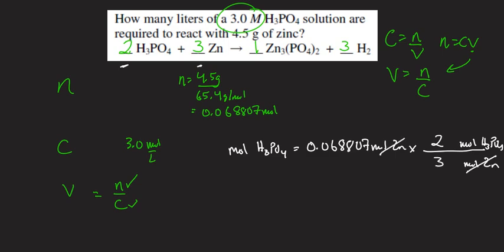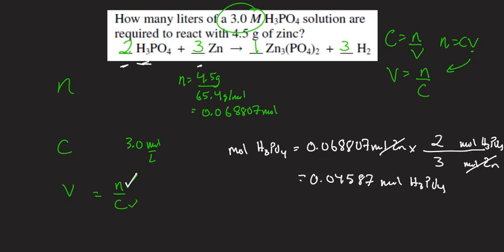Notice units cancel out, and I've already calculated this, and we get 0.04587 moles of H3PO4.